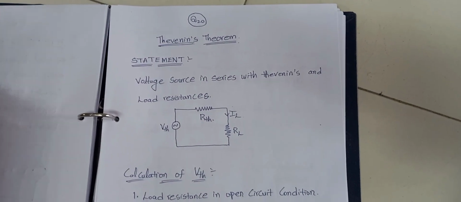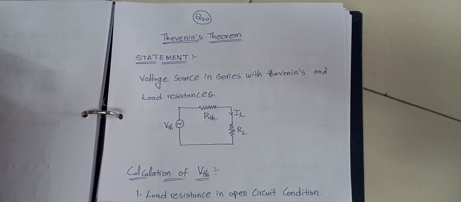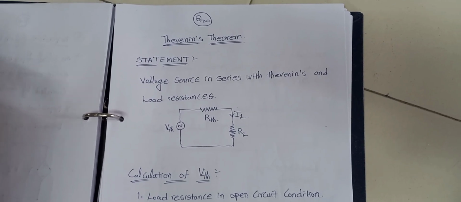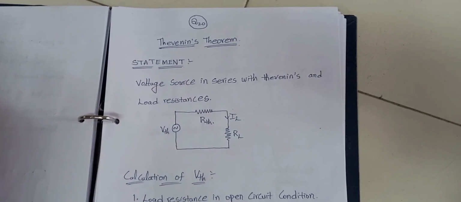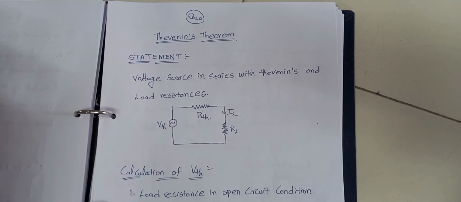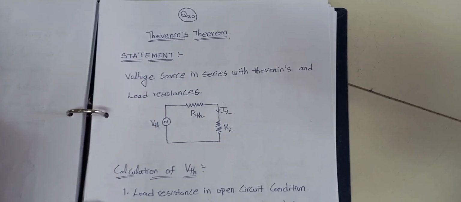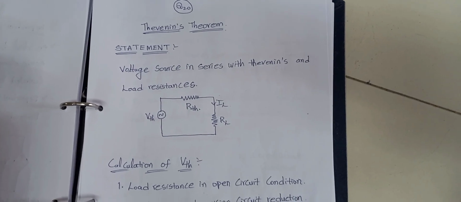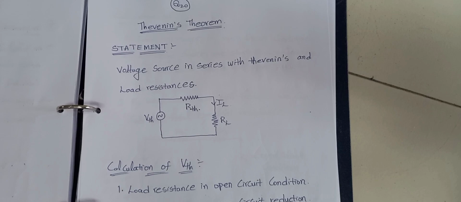So I have given these 3 formulas. How we calculate V Thevenin, what the formula and conditions are, and the modified circuit diagram. And R Thevenin, what the conditions, modified circuit diagram and formula are. And the same for IL, modified circuit diagram and formula. That's it, I have given it in a simple manner.